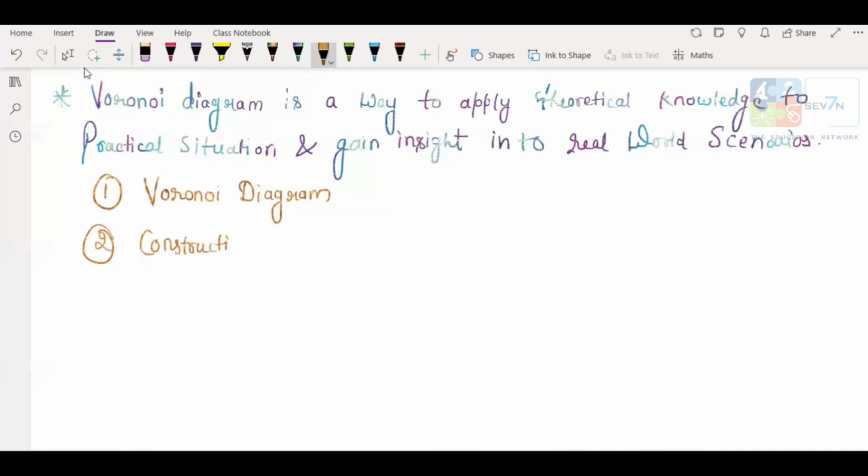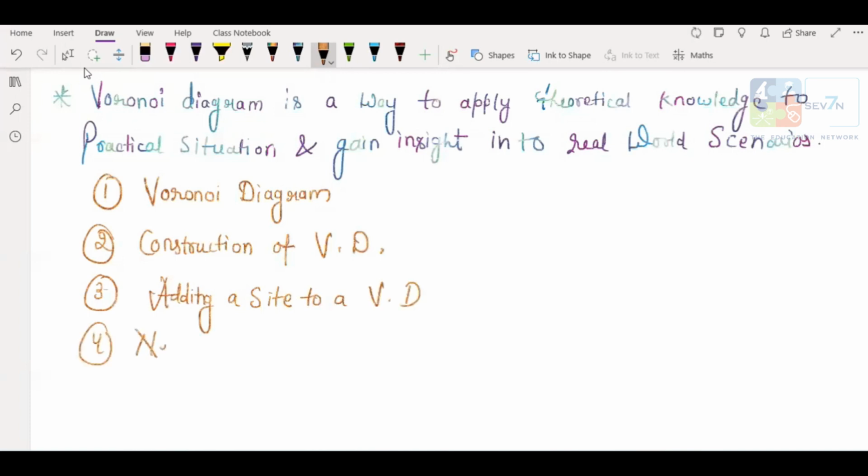Second, construction of a Voronoi diagram, VD. Third, adding a site to a Voronoi diagram.